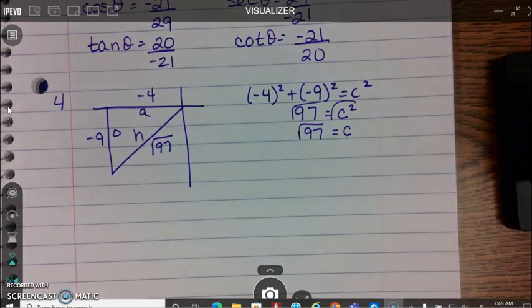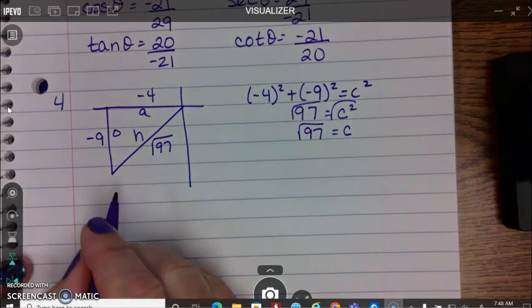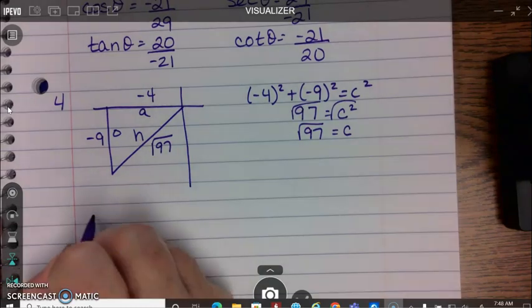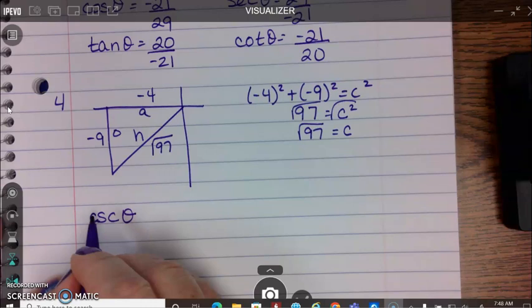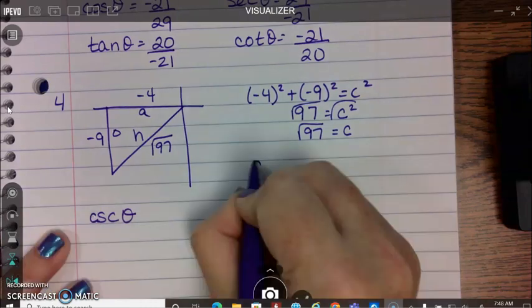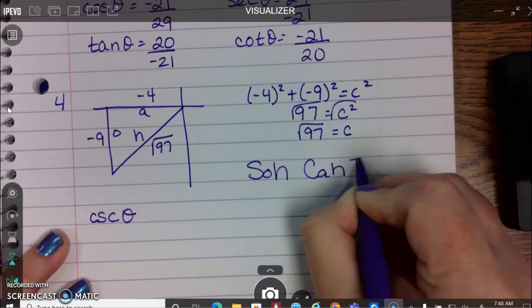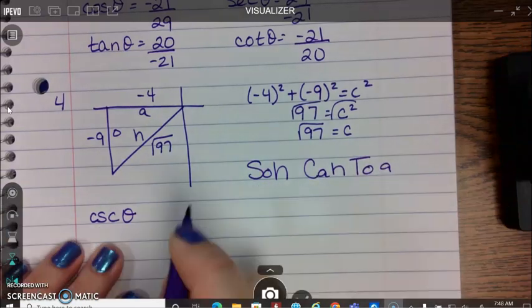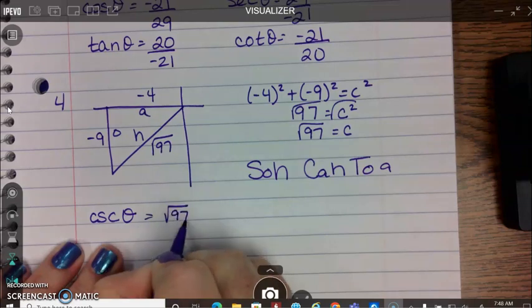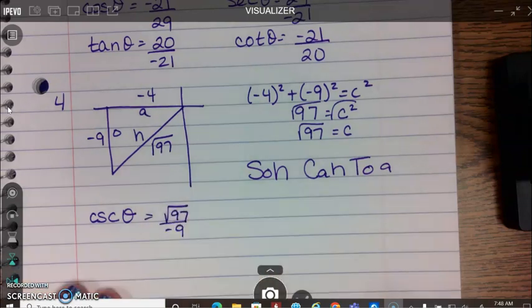Okay, now they want just cosecant. So let's bring out our SOHCAHTOA down here. So it's sine, so this will be h over O. And that's it.